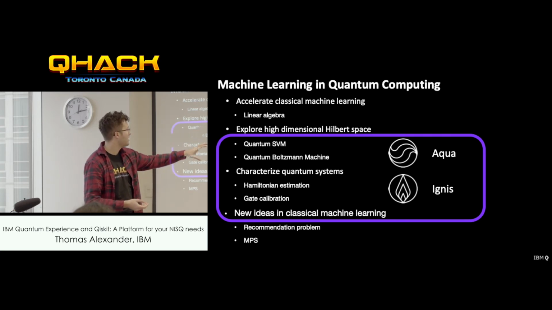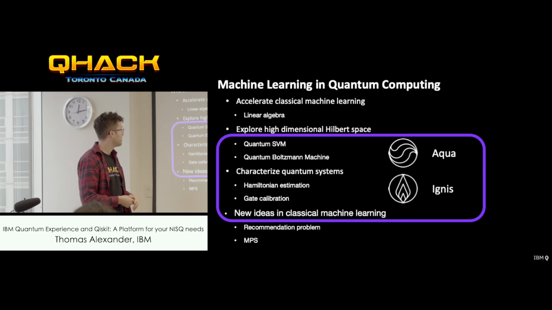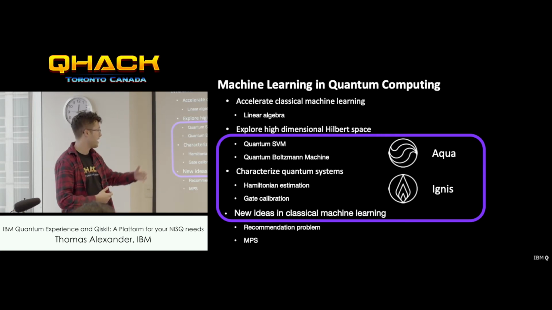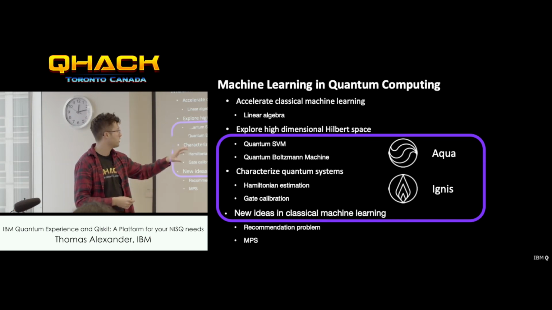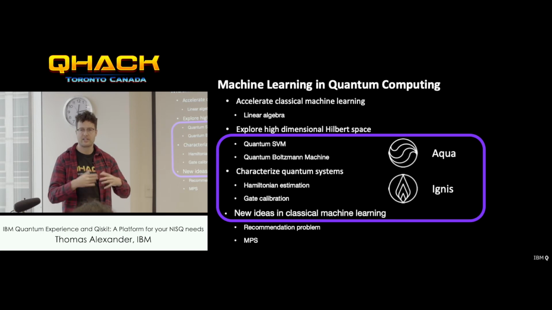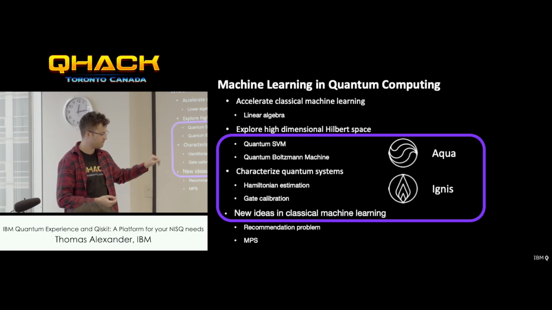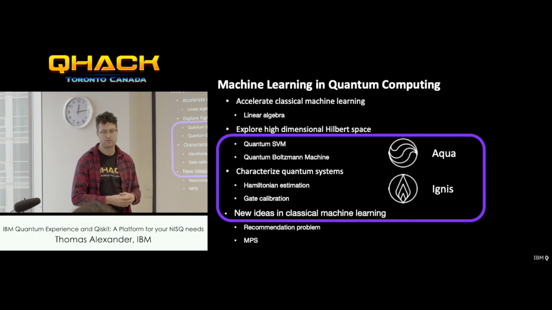Ignis is the characterization framework, and it's going to do techniques such as Hamiltonian estimation or gate calibration. I really hope we can look at using some new techniques from the machine learning world to improve the approaches to these problems.